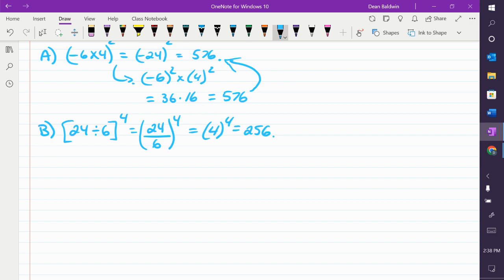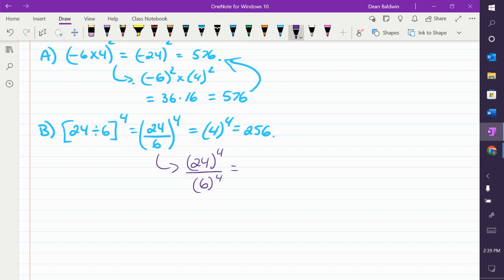The more complicated way, which I kind of dropped the hint, I wouldn't normally do it this way, but you could, is you could write it as 24 to the power of 4 over 6 to the power of 4. But you're dealing with big numbers here, right? So nobody really wants to do this.